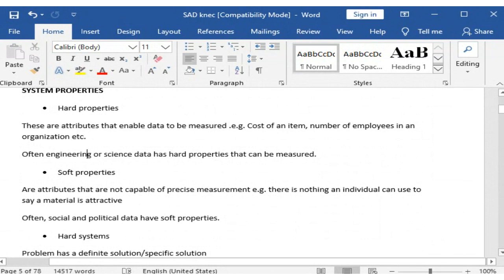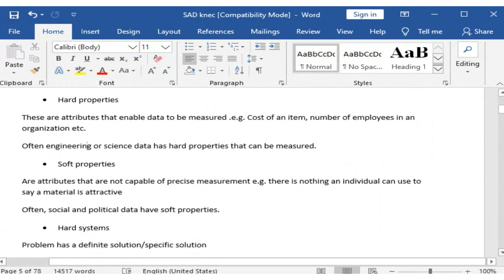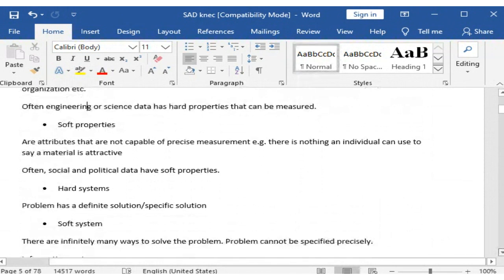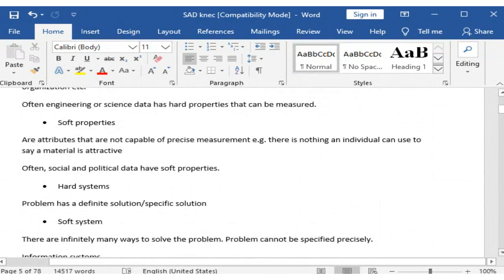Now, soft properties. These are attributes that are not capable of precise measurement, e.g. there is nothing an individual can use to say a material is attractive. Often, social and political data have soft properties.